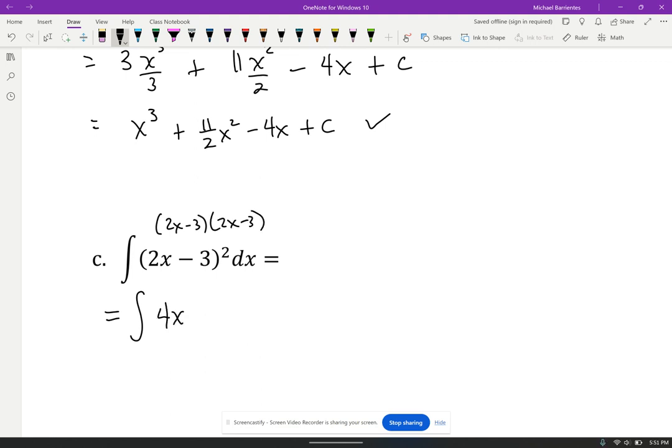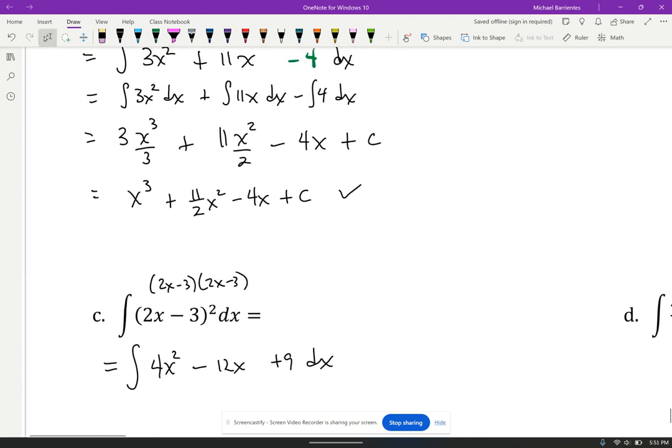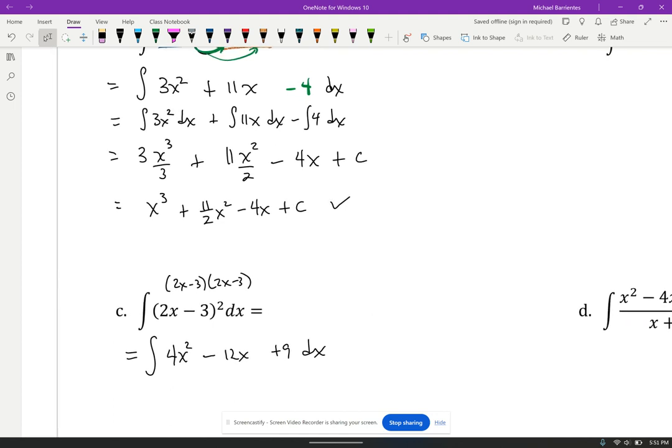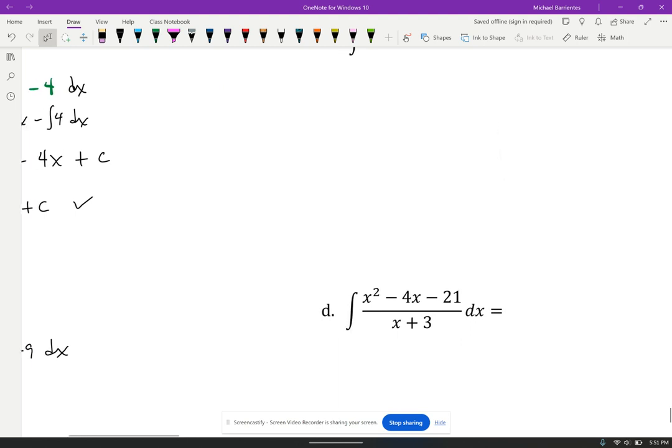So that'd be 4x squared minus 6x minus 6x plus 9. And again, we can put the middle terms together. And so that's going to be minus 12x. And then I can take the antiderivative of that similar to the way I took the antiderivative of letter A.